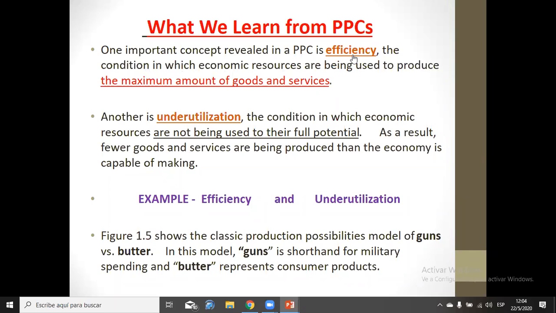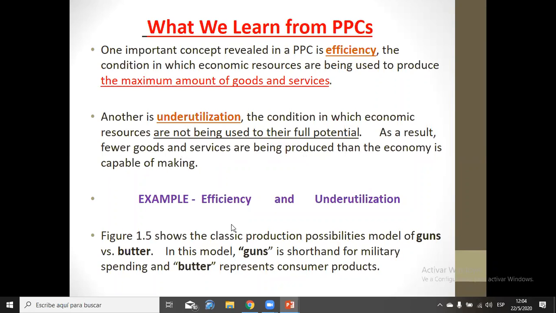Now, if you don't use them in an efficient way, it's called underutilization or inefficiency. Underutilization is the condition in which economic resources are not being used to their full potential. As a result, fewer goods and services are being produced than the economy is capable of making.